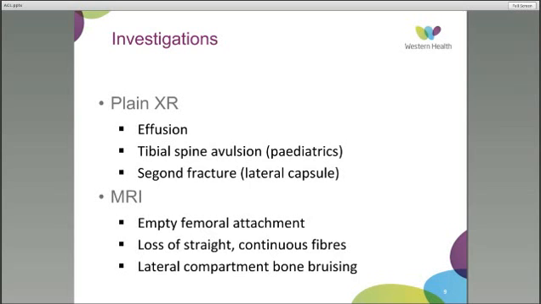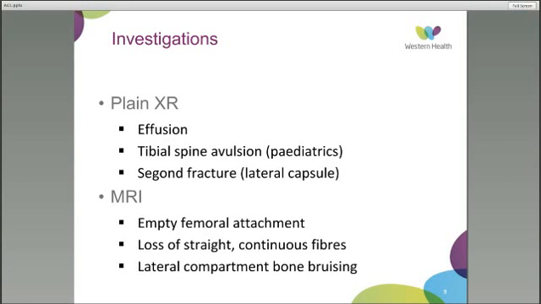MRI shows an empty femoral attachment in the notch, and you lose the straight continuous fibres of the ACL, and there's often lateral compartment bone bruising of both the tibia and the femur, that is increased signal on the T2 MRI.